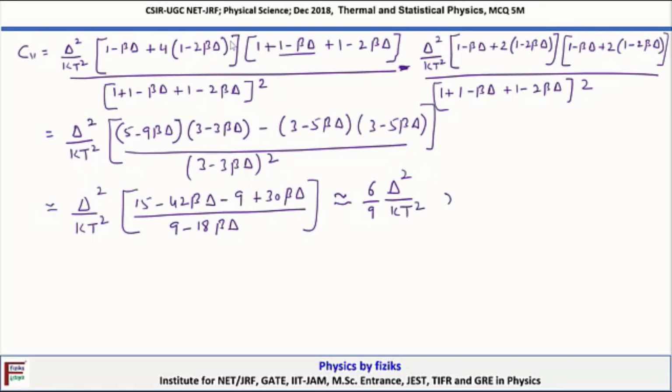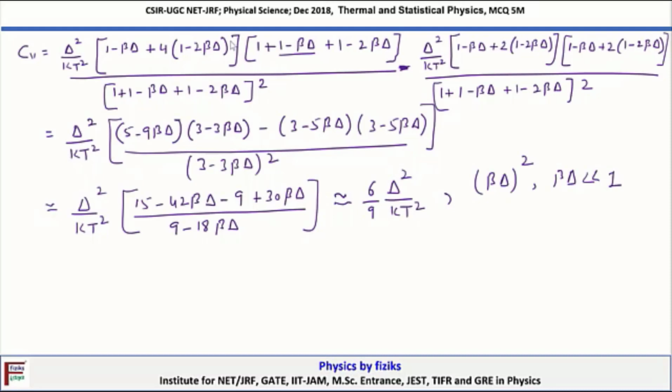Note that here we have omitted the terms which contain beta delta square while doing the multiplication. The reason is that beta delta is given to be much smaller than unity.